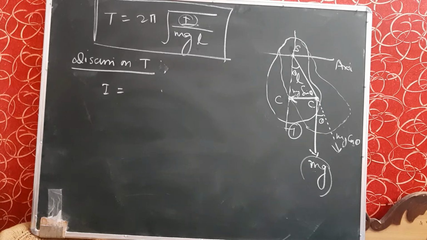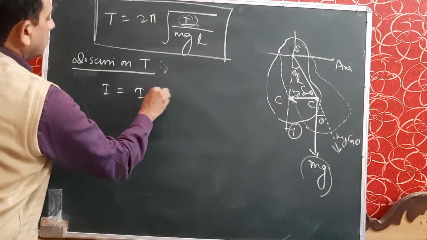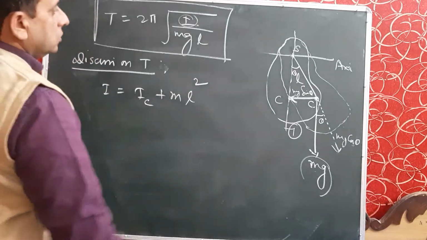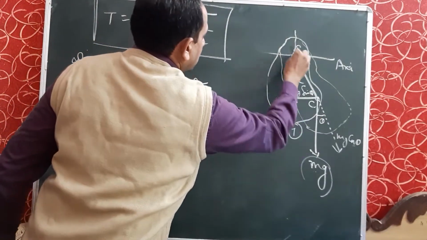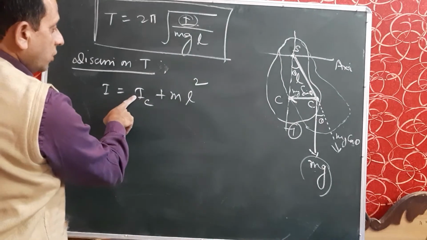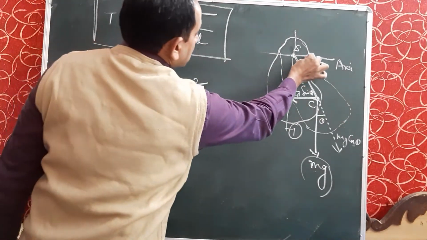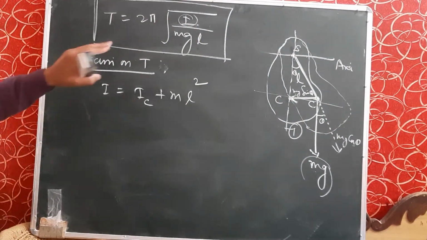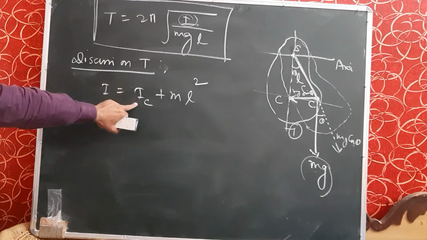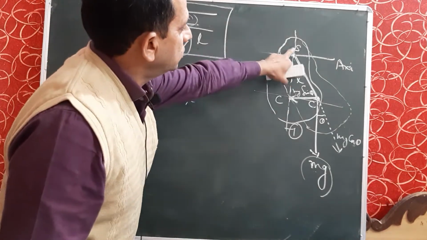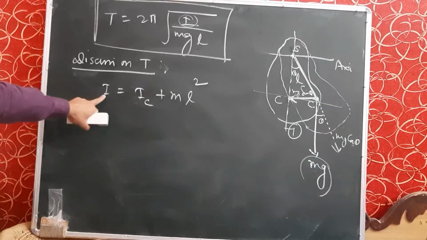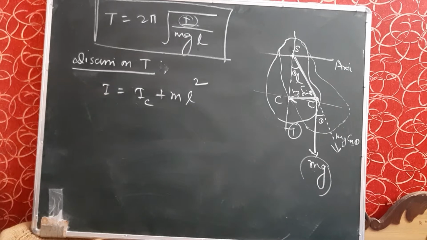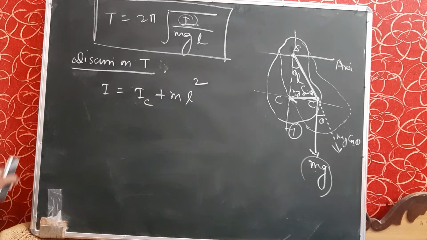So I am using the theorem of parallel axis. In the case of a compound pendulum, this I is equal to I_C plus mL², where L means this distance, and I_C means the moment of inertia about the center of mass. When the axis passes through the center of mass, the inertia of this body about the center of mass is I_C, plus the term for the distance between these two points.